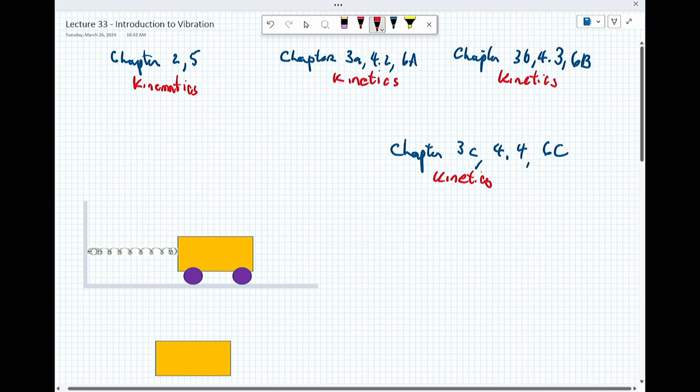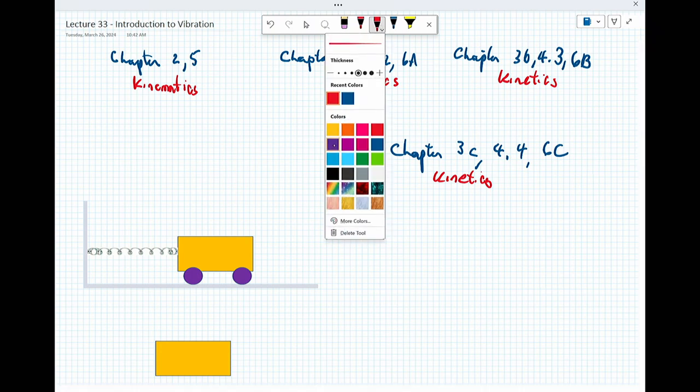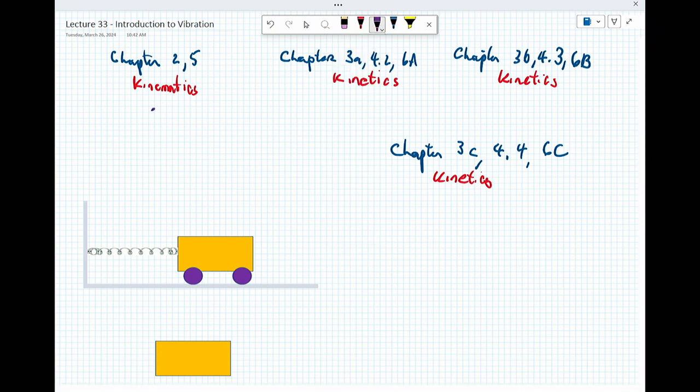And really, all we've cared about is looking at acceleration and velocity in chapters 2 and 5. Second law, which is really the only thing we study in this course, comes in various forms.